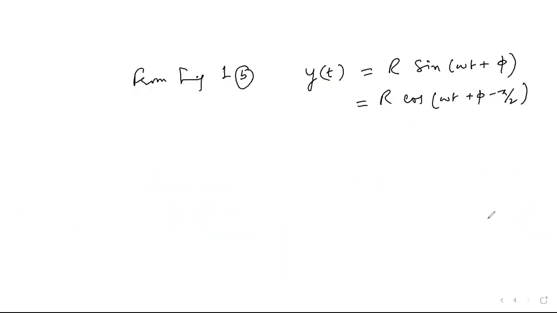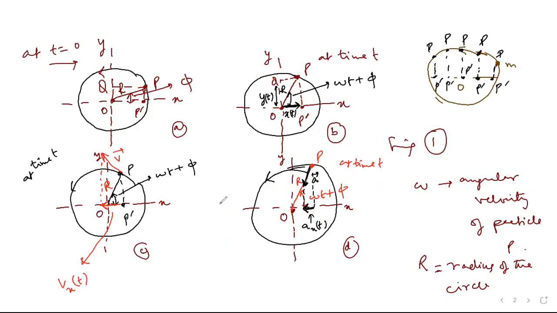Let me name this equation 4. You can find Vy of t. We can find Ay of t. How? Either you find it geometrically: you find the y component of this velocity vector, that is its y projection, that will give you Vy of t, the velocity of Q, and you can find Ay of t geometrically by finding the y component of the acceleration vector.